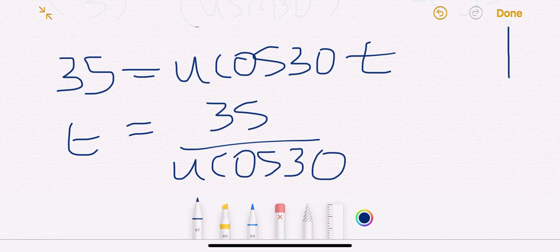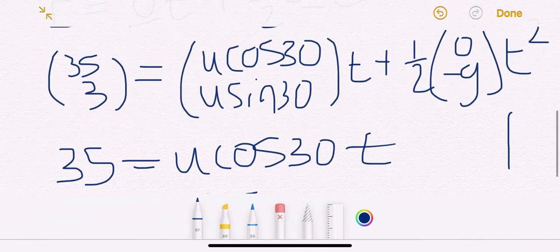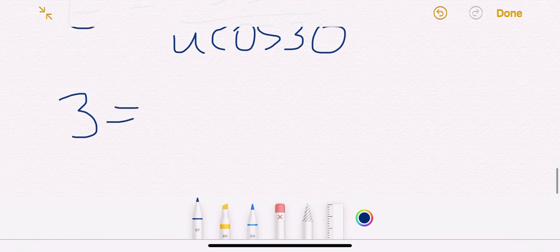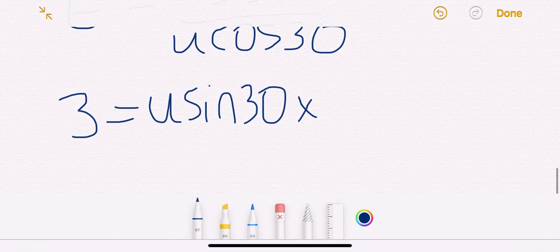But that's not a problem, because we can now take the vertical component and substitute that t value in. So if we take the vertical component, we get 3 equals u sine 30 multiplied by t minus g over 2 lots of t squared.